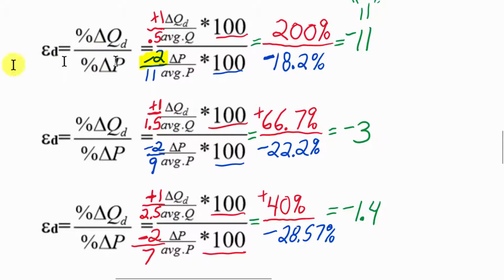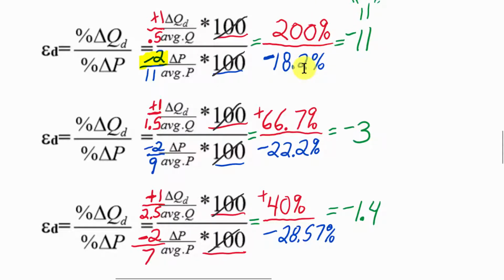However, many of you might have noticed that since we're multiplying the top of a fraction by 100 to get the percentage change, and the bottom by 100 to get a percentage change, we could, if we wanted to calculate elasticities more quickly, just do away with that part, right? We could just cancel that. And if all we want to do is calculate an elasticity, we could save ourselves some time by just skipping that multiplying by 100 part, because it's going to cancel anyway when we do this ratio.